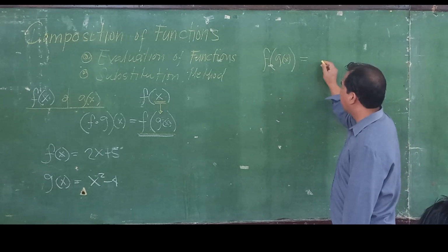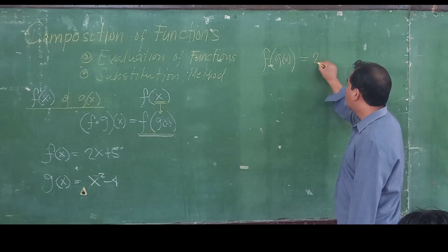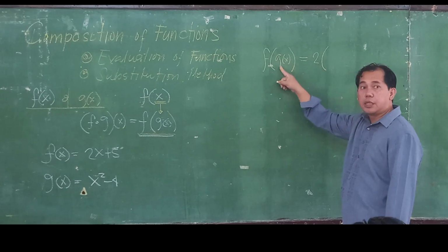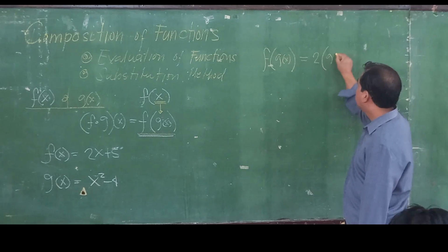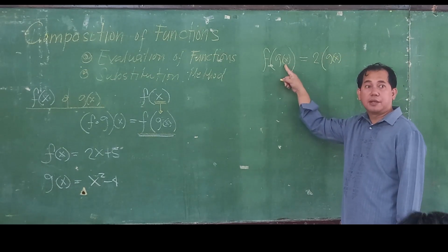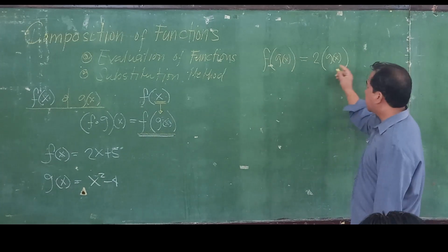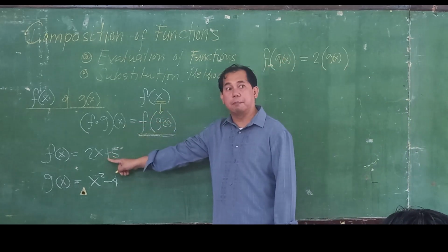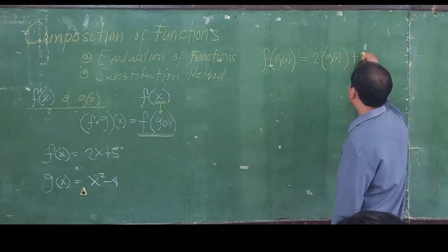So what is the outer function? That is 2, our x, supposedly, is what? G of x. G of x. Are you following? Yes. And then, what is the next now? The f of x is defined as plus 5.